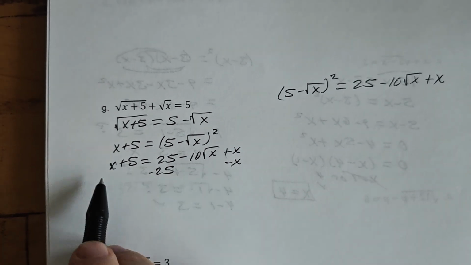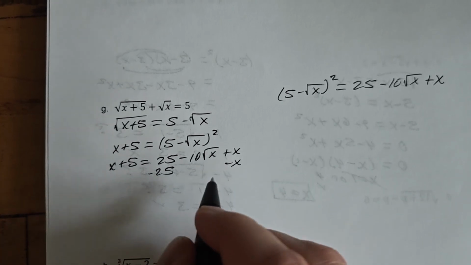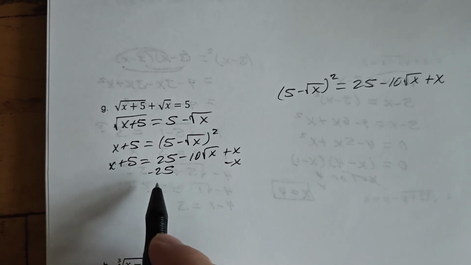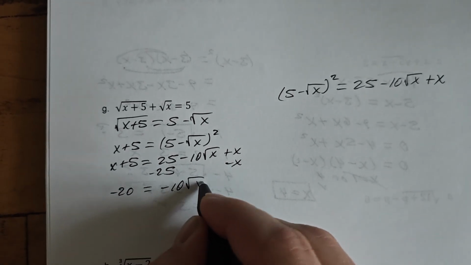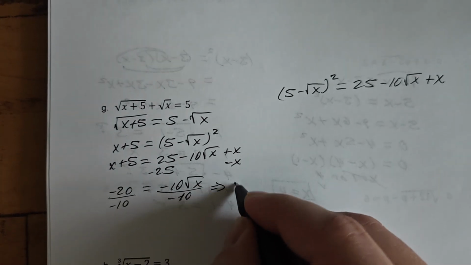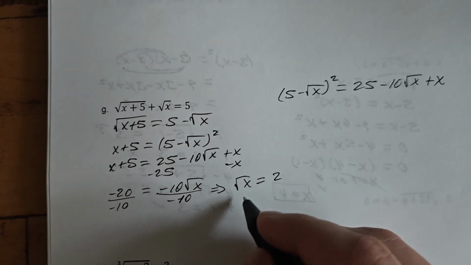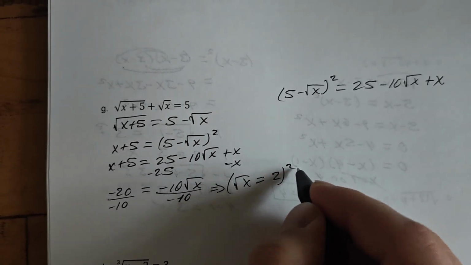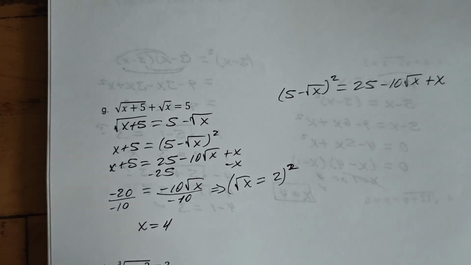We subtract x from both sides. x minus x is 0. 5 minus 25 is negative 20. That means that square root of x is equal to positive 2. Square both sides. That tells us x is equal to 4.